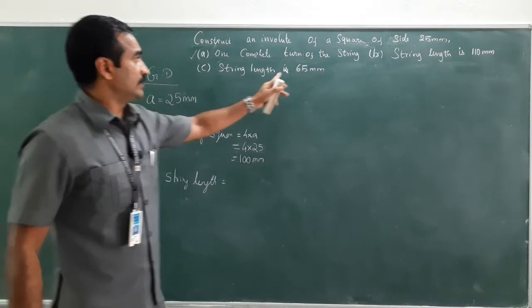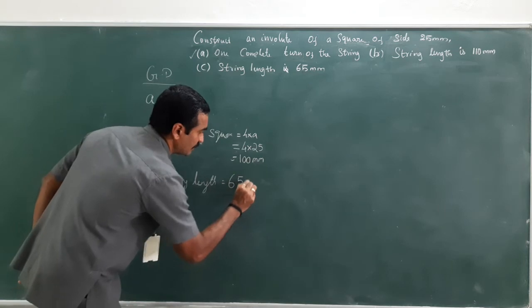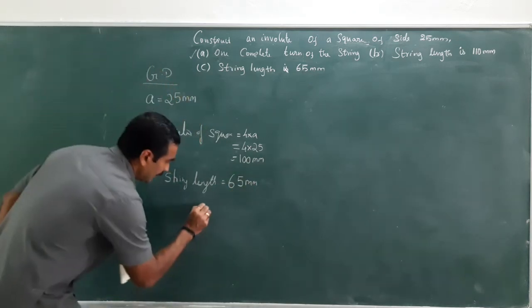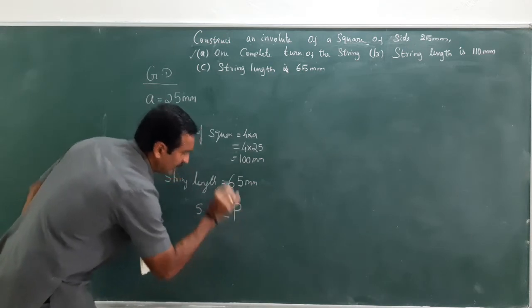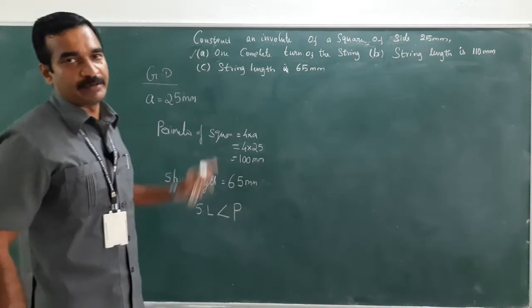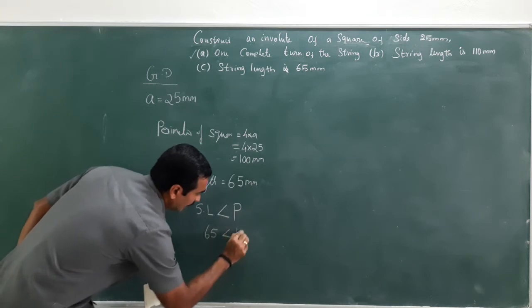And the string length is given as 65 mm. Here the string length is less than the perimeter of the square. So 65 is less than 100.